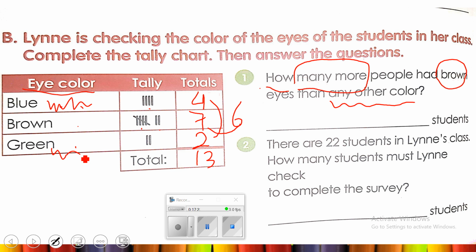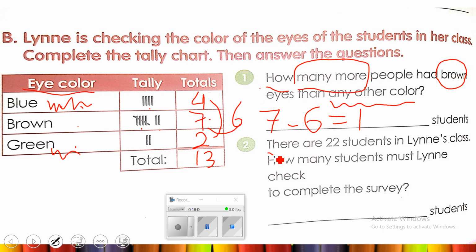How many brown? Only 7. How many of all the colors that are not brown? Perfect, blue and green. Blue is 4, green is 2, so 6. 7 minus 6. Excellent, 1. So I have one boy or one girl with the brown color more than the other colors.